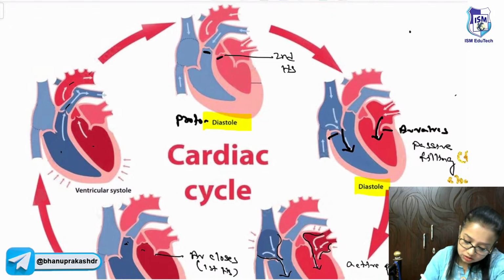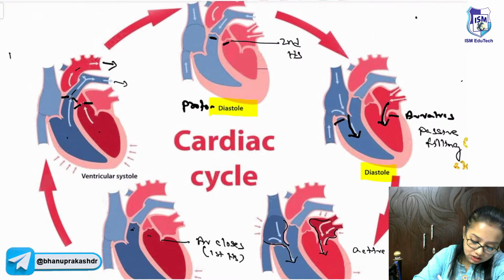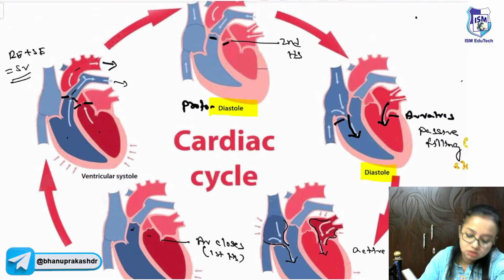When the ventricular pressure becomes more than the aorta and the pulmonary artery, the semilunar valves open. Through this, there is rapid ejection. Through the aorta, blood goes to the peripheral circulation, and through the pulmonary artery, it goes to the pulmonary circulation. First it moves very fast, which we call rapid ejection. Then it goes via slow ejection. Totally, rapid ejection plus slow ejection makes the stroke volume.